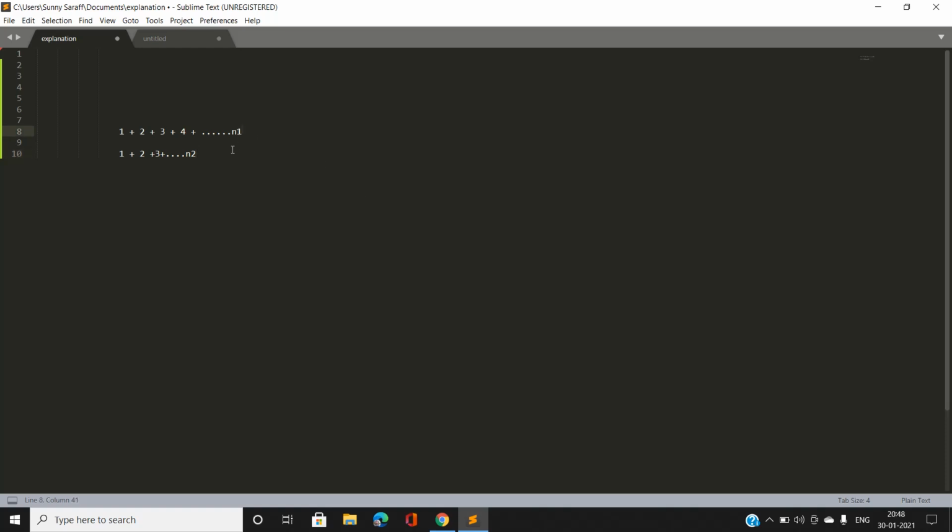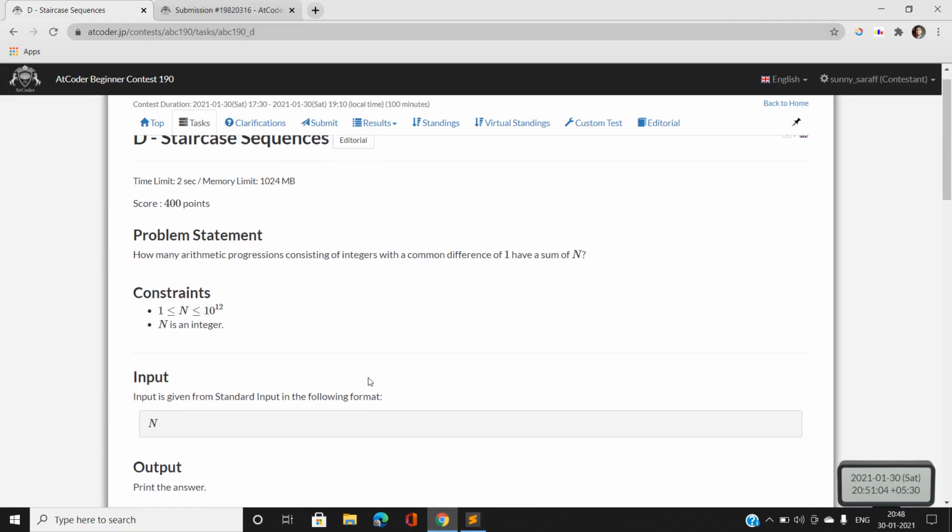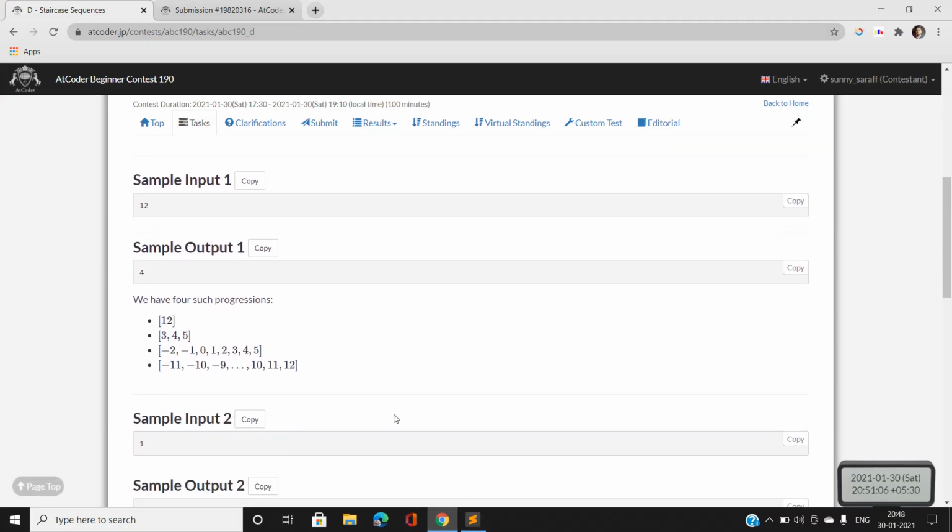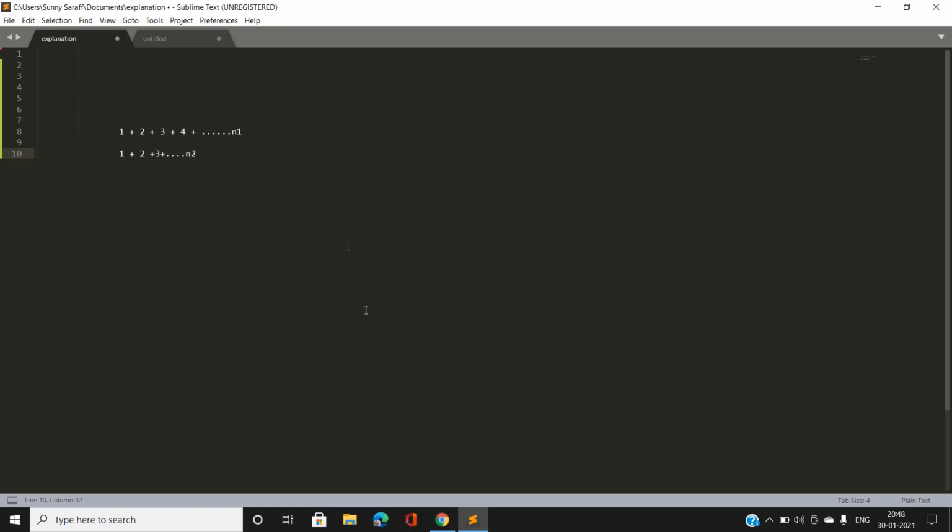Now one thing you can notice: let's take an example from the problem statement, that is 12. So capital N equals 12.